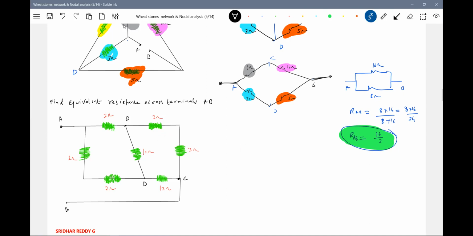So if I redraw the circuit, this will be point A. This is 2 ohm, 3 ohm, and this will be 4 ohm, 10 ohm, and 12 ohm. And this is the point B.